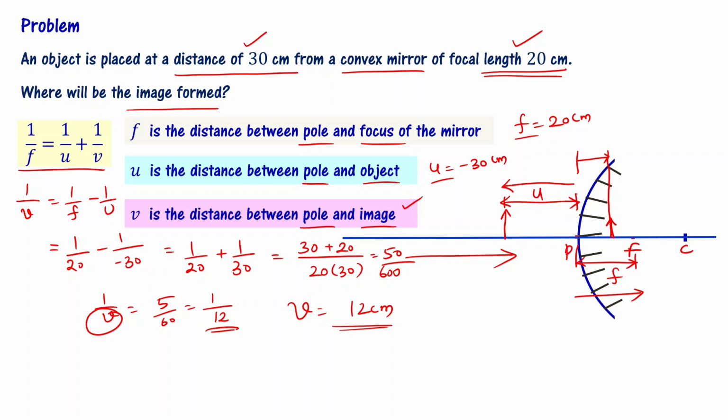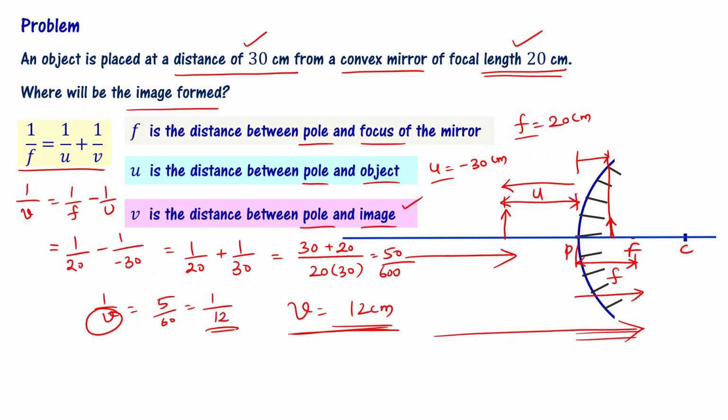And we got it correct. v equal to 12 centimeters, a positive number, means it has to be placed in the direction of the incident light. Moving from P in the direction of the incident light, we have to mark the image at 12 centimeters.